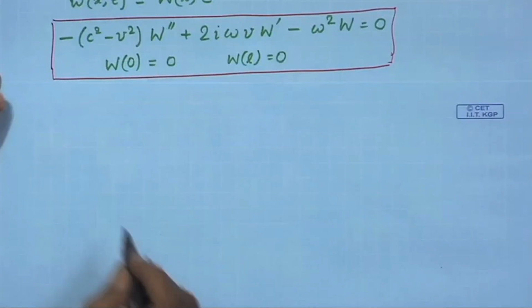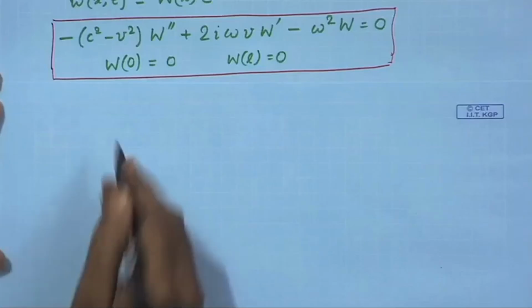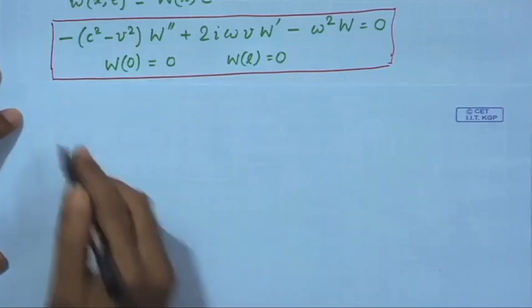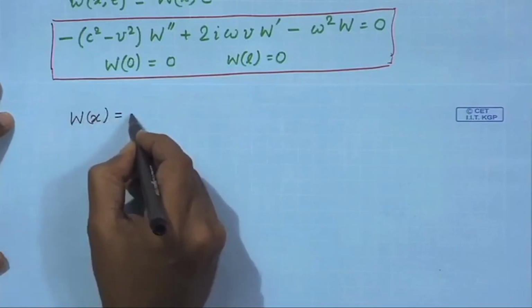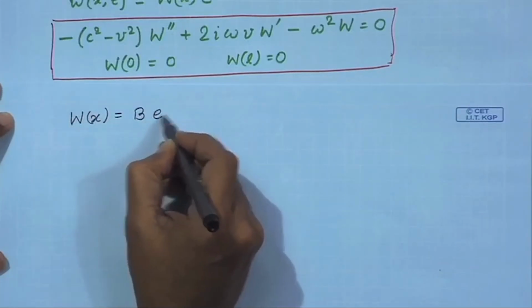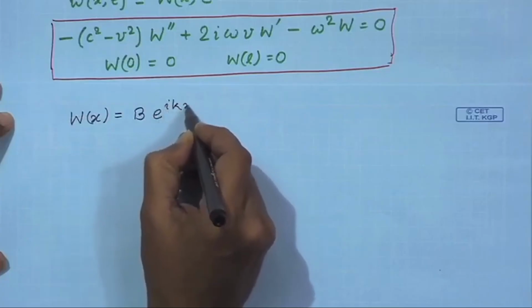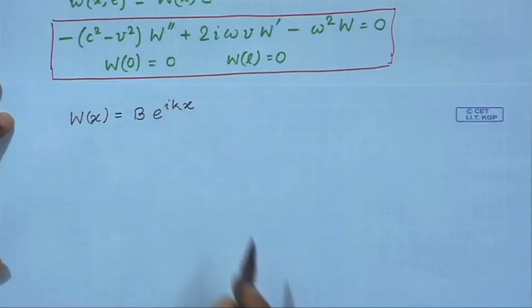Now, for this kind of system eigenvalue problem, let us assume a solution with this structure.